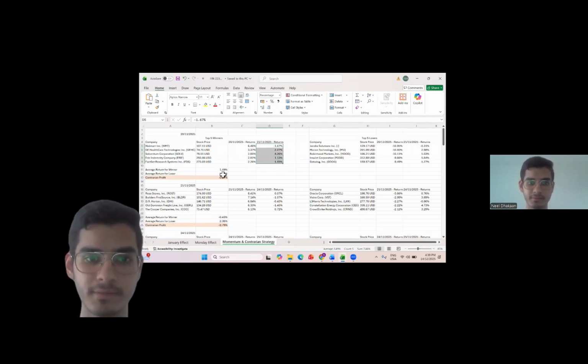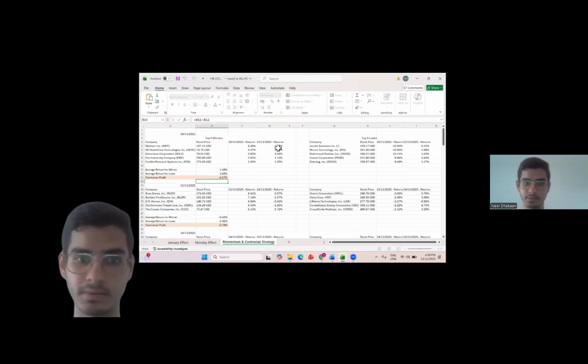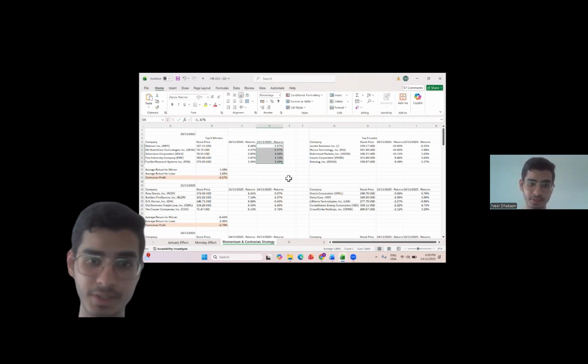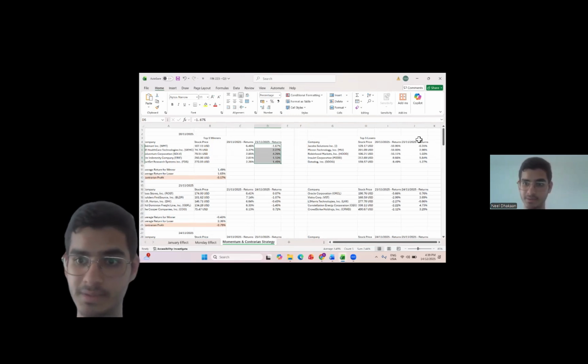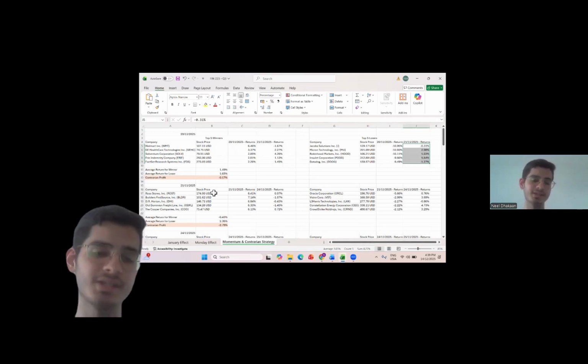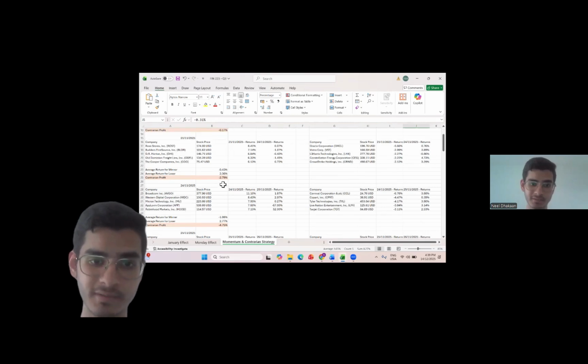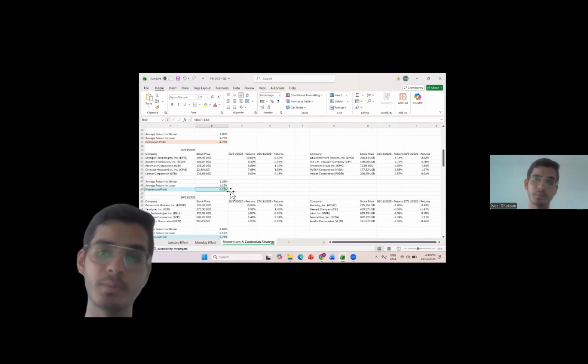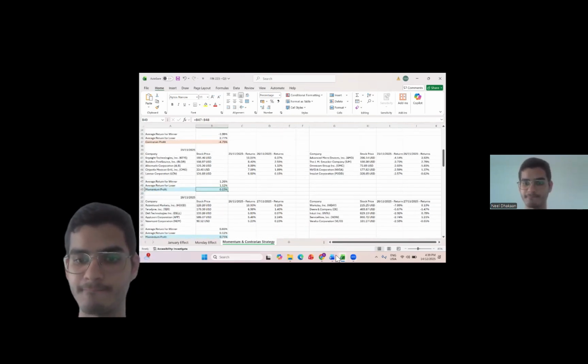So I took the average of the returns for the winners, so basically 21st November's average return, and then the same for the losers. And what I found was if the number is negative, then it means that the contrarian strategy would have worked. But if the number is positive, that means the momentum strategy would have worked.